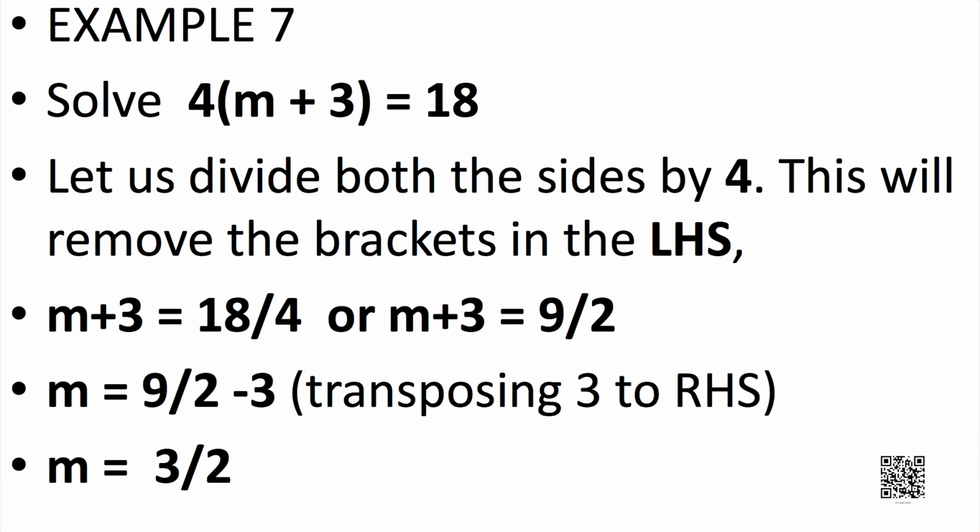In the LHS, we get m plus 3 is equal to 18 by 4, or m plus 3 is equal to 9 by 2, which will further be simplified to m is equal to 9 by 2 minus 3. We have transposed 3. So, the required solution is m is equal to 3 by 2.